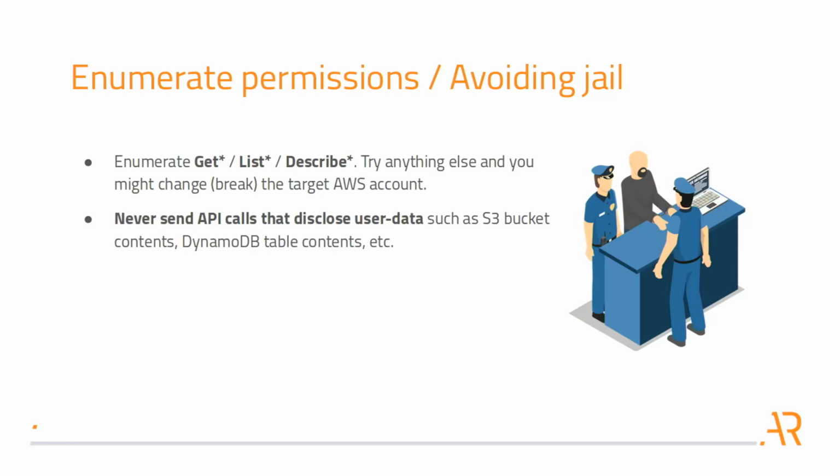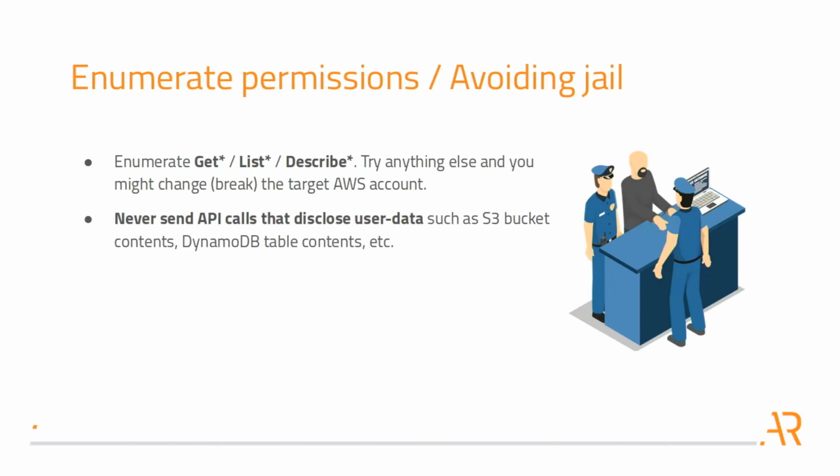And from that set, I had to choose a subset for only the API calls that returned infrastructure metadata, not the ones that returned customer information. Let me give you an example there. Infrastructure metadata is list the names of all the buckets in this account.